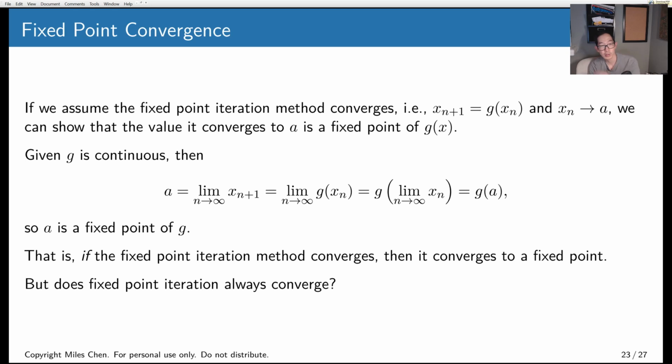Now, if we assume that this fixed point iteration method does converge, that is, that x_n converges to our fixed point a, we can show that the value it converges to is indeed a fixed point of g.